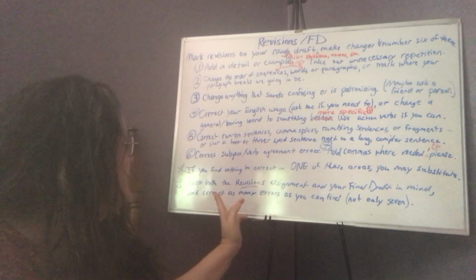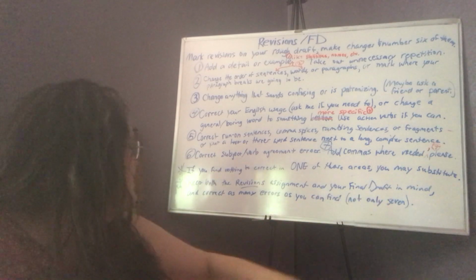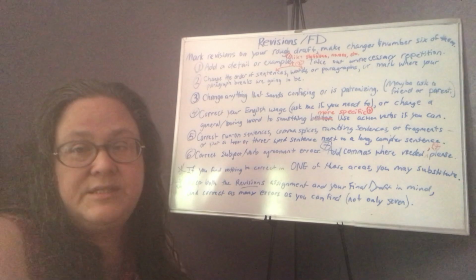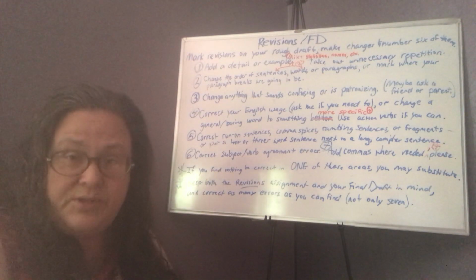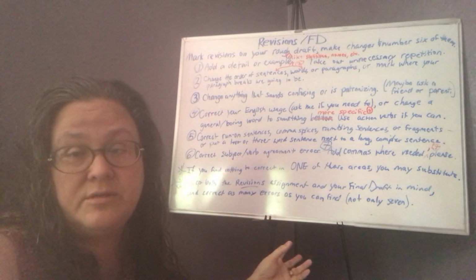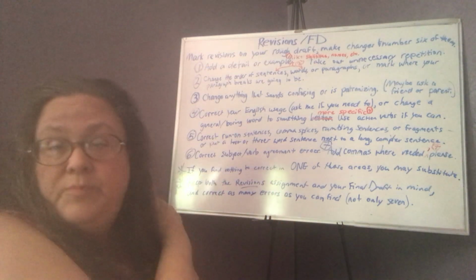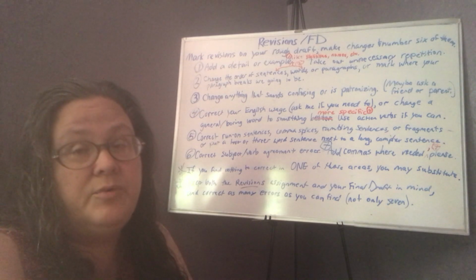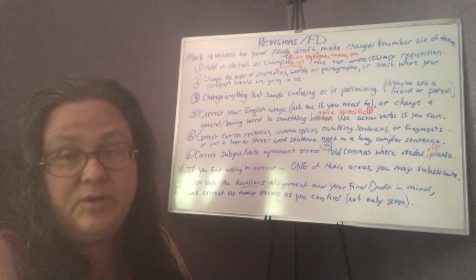And then also here, keep the revisions assignment and your final draft in mind and correct as many errors as you can find, not only 7. Okay, so for the purposes of this revisions assignment, you only need to mark 7 corrections with the little numbers. But remember that you are making corrections on your rough draft in order to have a better final draft.